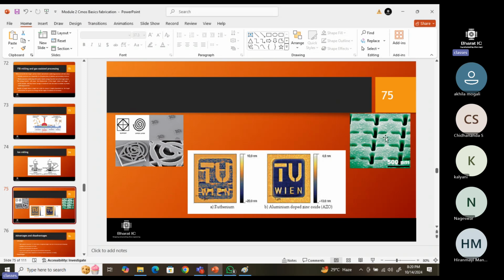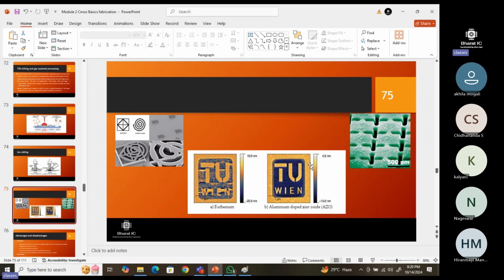Now in a second example, a 500 nanometer pattern, this kind of pattern results in this kind of design. In the place of ruthenium, when aluminium doped zinc oxide, AZO, is used, then this kind of much more detail is created.